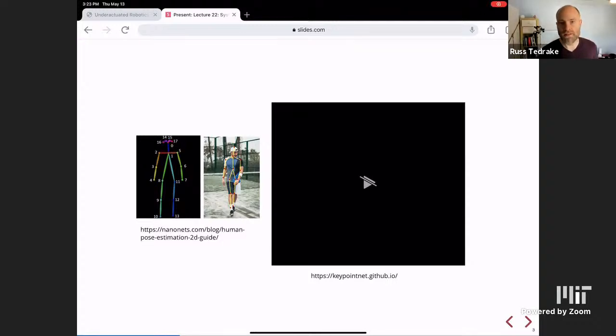But this is something that the computer vision community did independently of caring about robots. As a pure computer vision problem, there are many cases where it's super interesting to go from an image or a sequence of images to tracking some key points. In the human pose estimation world, they track nominal points on a skeleton and use those tracks to reconstruct the skeleton.